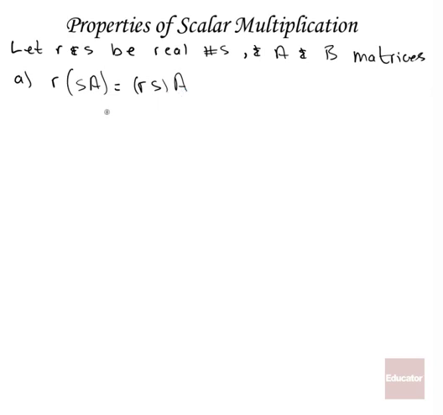Nothing strange happening here. B, if I have two scalars that I add together, like 5 plus 2 times some matrix A, that's equal to, distributive property is operative here, RA plus SA. Again, nothing particularly strange happening here. We're just listing the properties so that we have a formality that we've seen them.